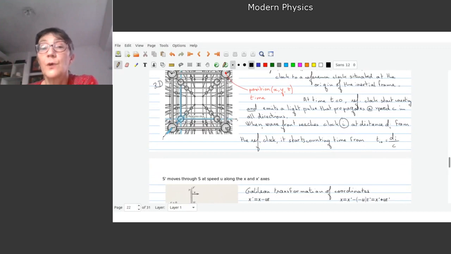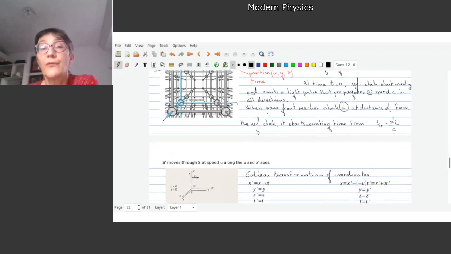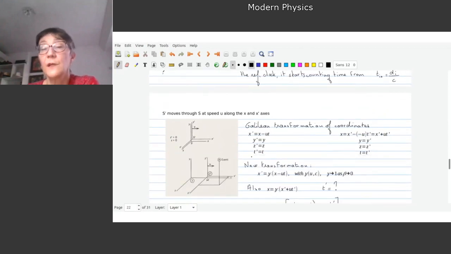So when the wavefront reaches clock I, you know the time at this clock begins at this time, because you know the distance and you know the velocity. Whatever your reference frame, the velocity of light is c. This is very convenient.